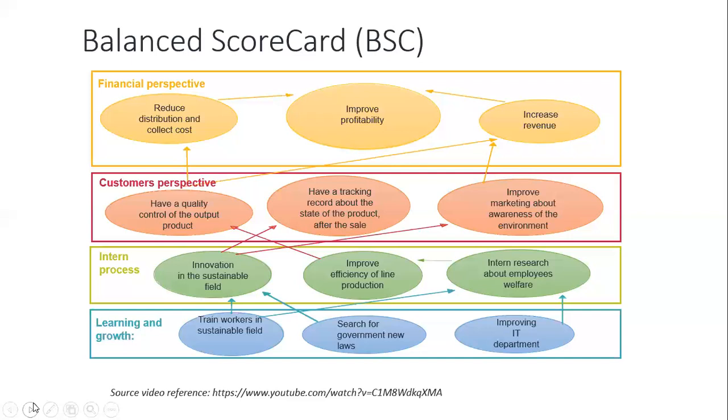We also need increased revenue, and that's linked to having a quality control of the output and improved marketing, so we can have more inputs in money terms. And the reduced distribution and collect cost is linked to having a quality control of the output product, because if the product is good enough, we won't have these problems with the client, and the client will pay us the price that we need. And those two things will improve our profitability.